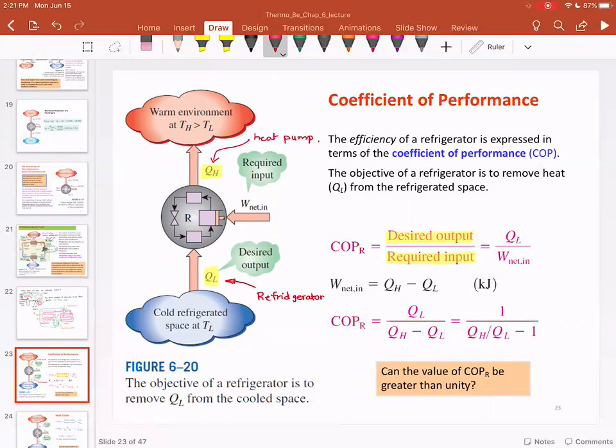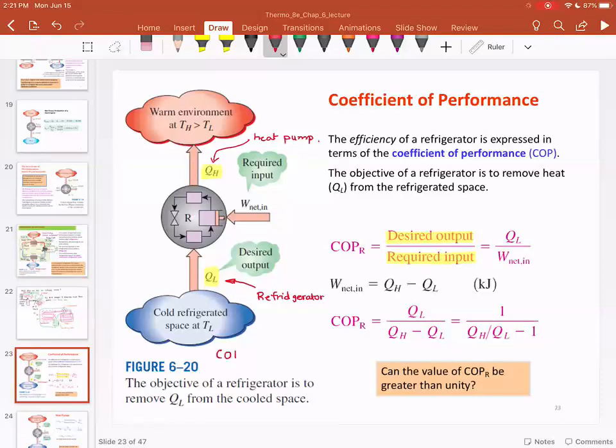Depending upon whether you are using the system as a refrigerator or heat pump, the coefficient of performance is defined slightly differently.